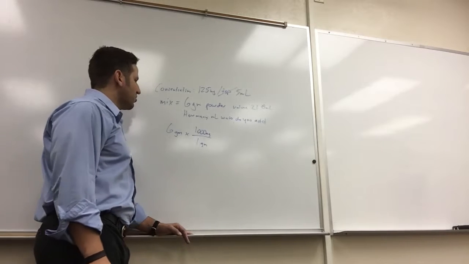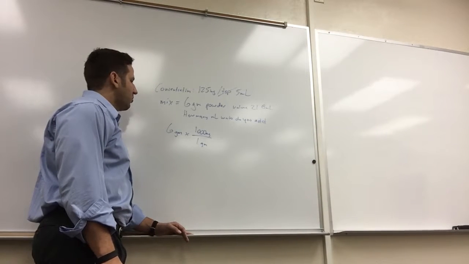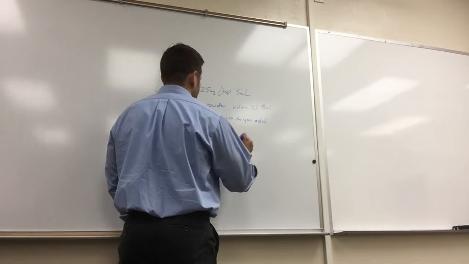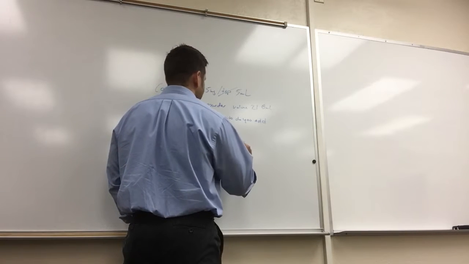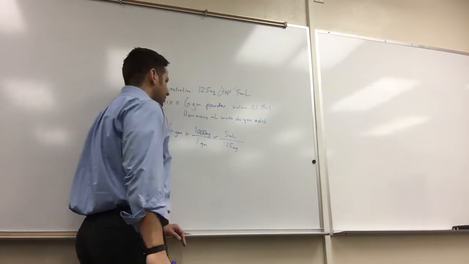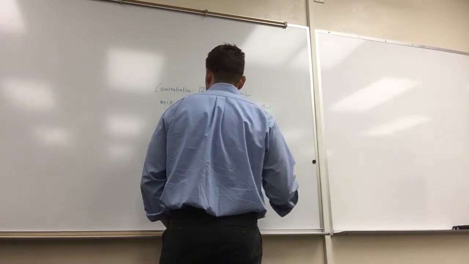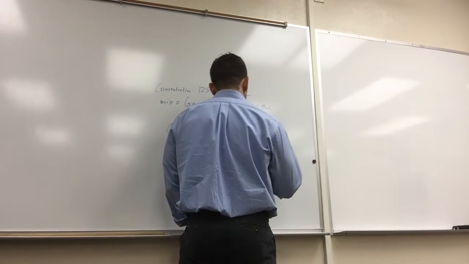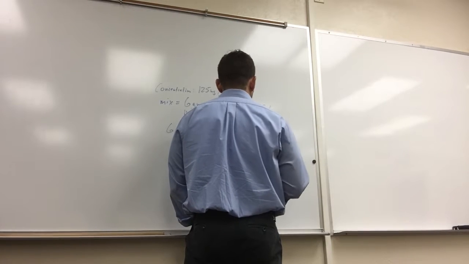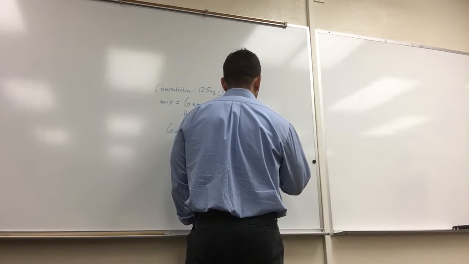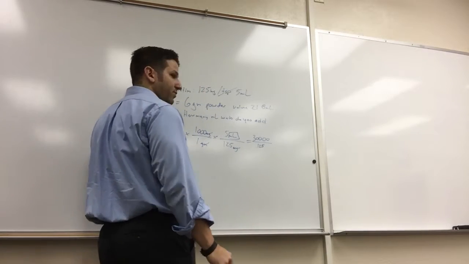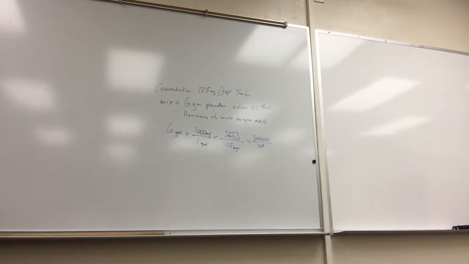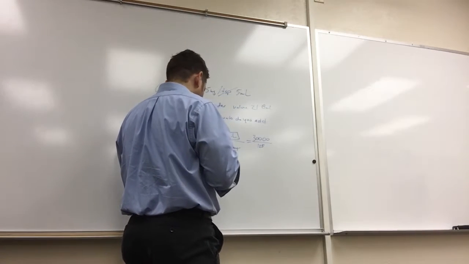Okay, so we're doing dimensional analysis. We converted from grams to milligrams, so that's 6,000 milligrams, and then we have our conversion factor. 6,000 times 5 is 30,000, divided by 125 is 240.